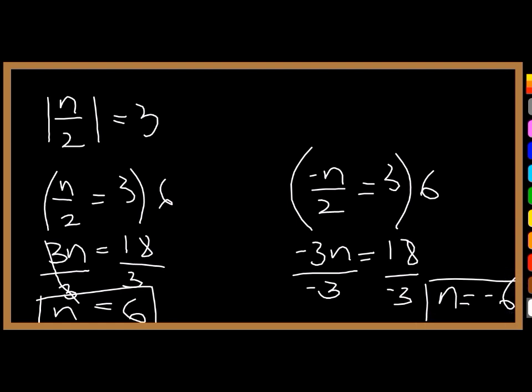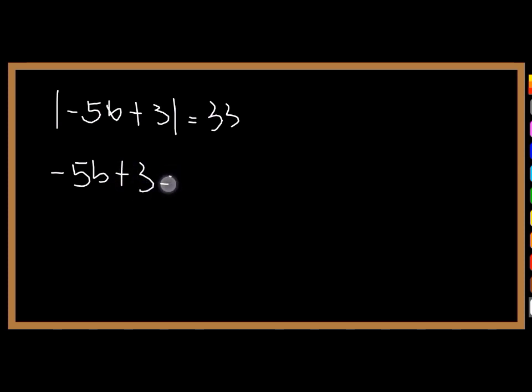So our next equation is the absolute value of negative 5b plus 3 is equal to 33. So let's separate it into two cases. Negative 5b plus 3 is equal to 33, and then the other side is 5b minus 3 is equal to 33.